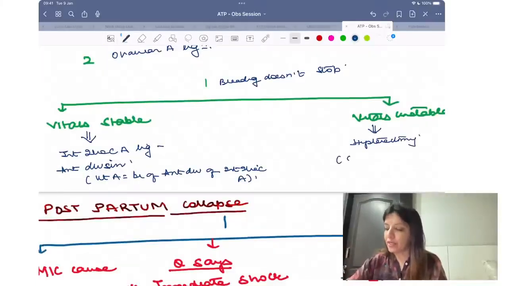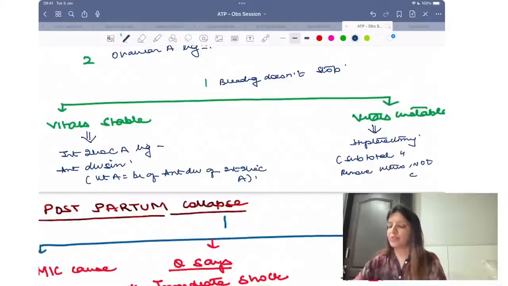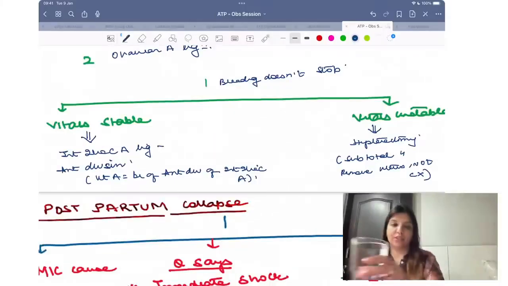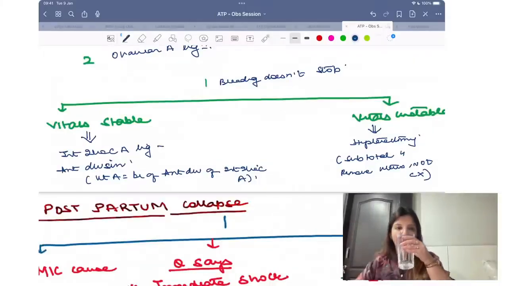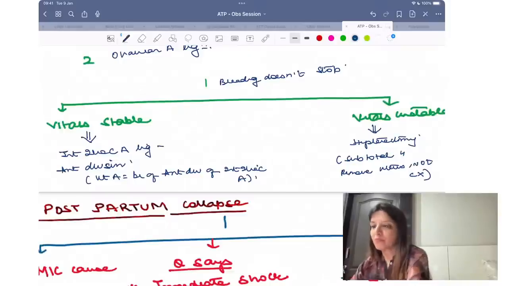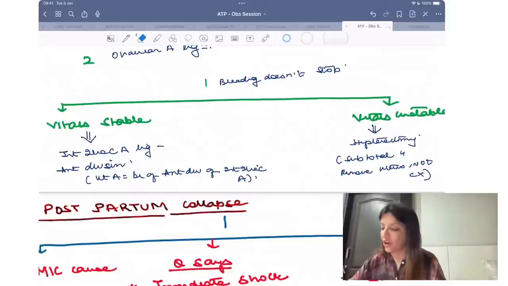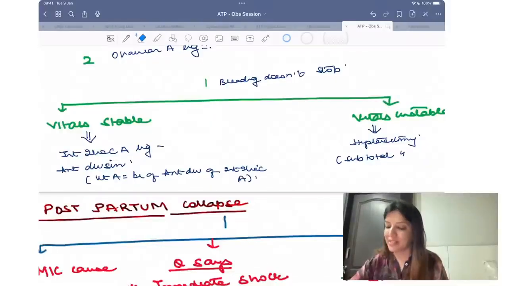Which hysterectomy? Subtotal hysterectomy. In subtotal hysterectomy, you are removing the uterus, not the cervix. It's not unstable hysterectomy, it's subtotal hysterectomy.